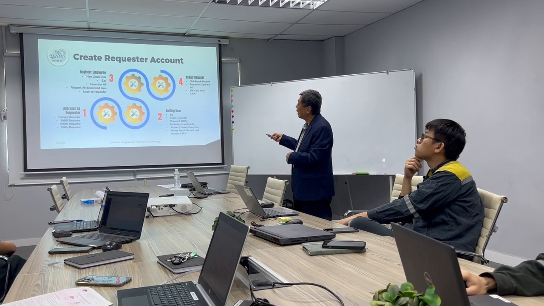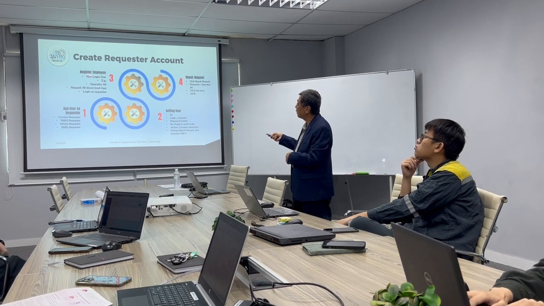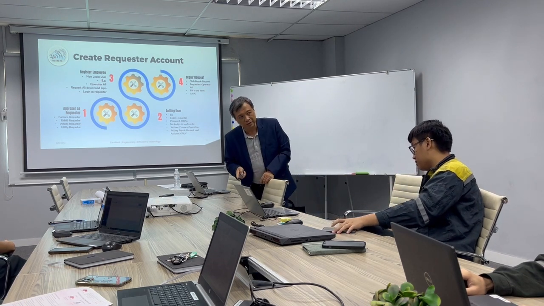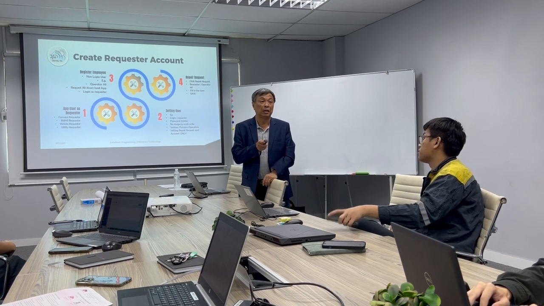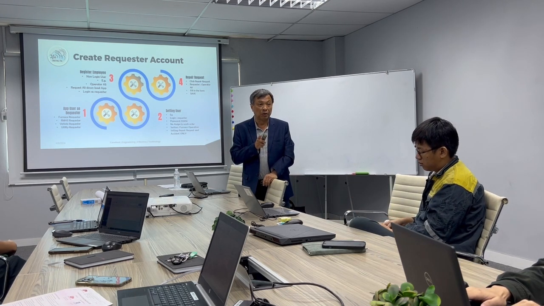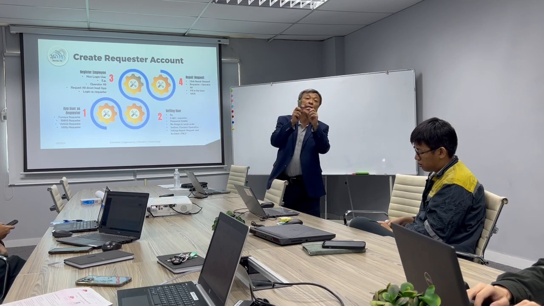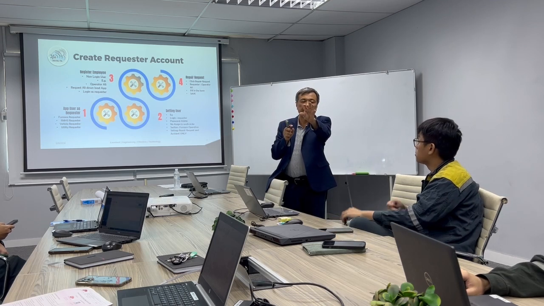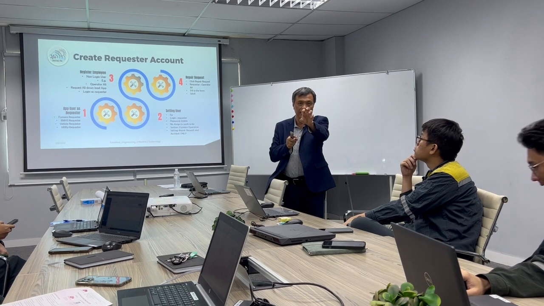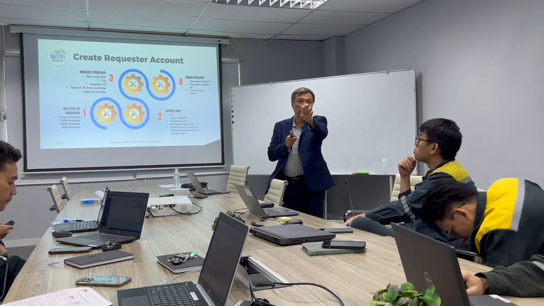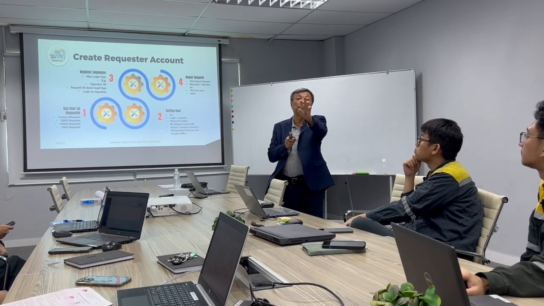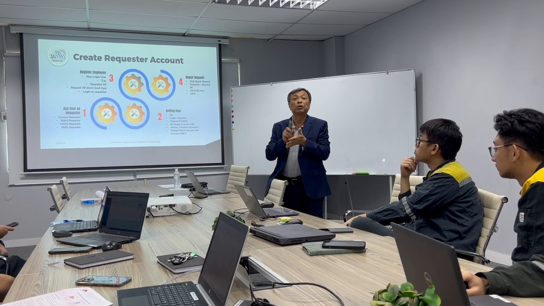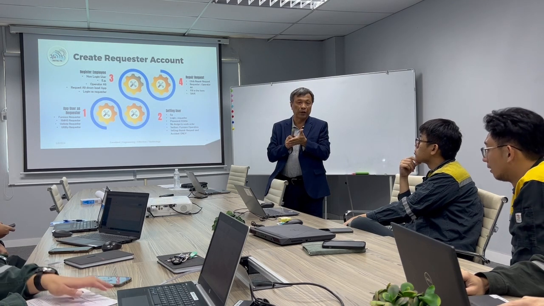Now, a requester can be a non-login user, or can it be a login user? We can make an account login user, then we make it like public for that department. You don't call it public, you call it departmental requester. Meaning, if you have production as a requester, then you can open the app for the people that can do the request.